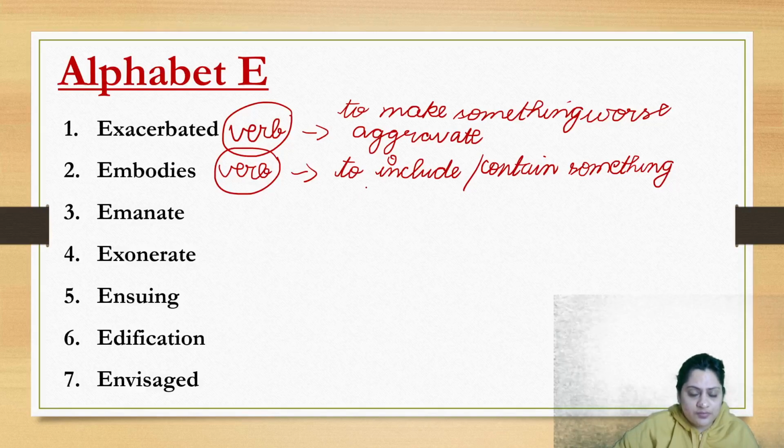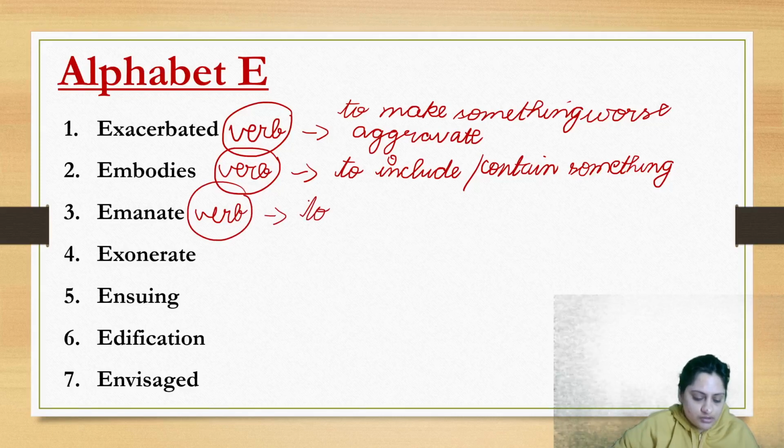So to me, she embodies all the best qualities of a teacher. Means a very good example or perfect example of something, or to include or contain something, embodies. Emanate is again used as a verb, meaning to produce or show something.